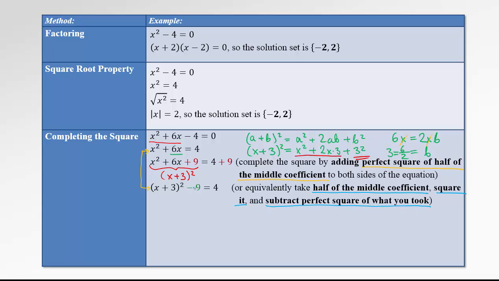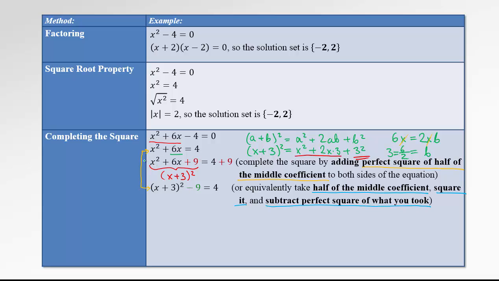Notice that both of these methods are equivalent, since in this line the first three terms fold back into the perfect square as in the second line, and if we move this 9 to the left-hand side as -9, you can observe that these two equations are equivalent.